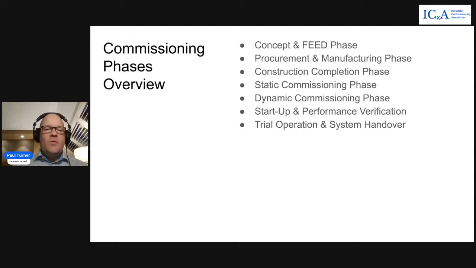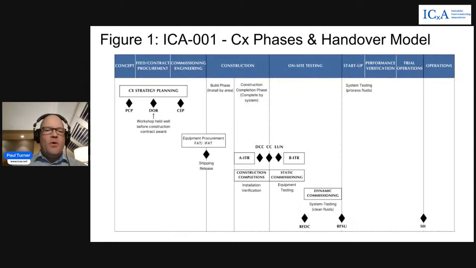And our ultimate goal is system handover on time and on budget to our plant operators and plant owner. So this is figure 1 of ICA 001 for the commissioning phases and handover model. This is kind of the kingpin figure of what's defined in the standard.